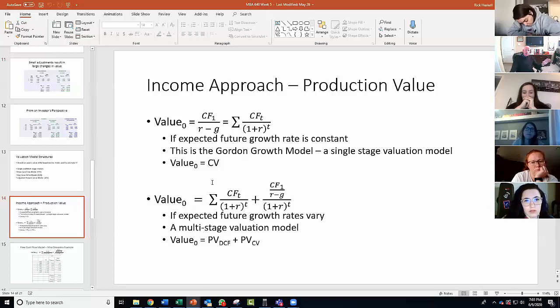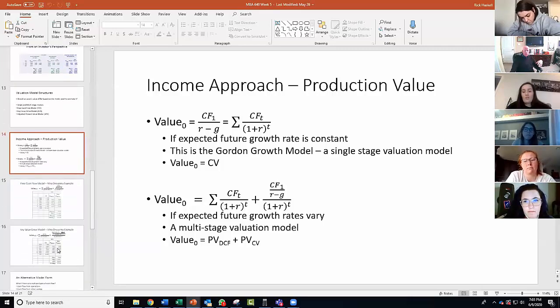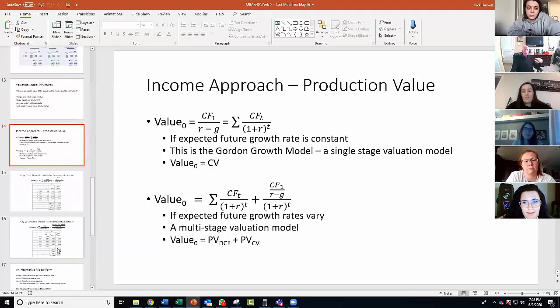And then we've got our multi-stage model that lets us break these into some different pieces. Any questions about the multi-stage characteristic of this? You're kind of already used to them. You've been playing with single stage in the Gordon growth, and you've been playing with multi-stage in the way that we've done our multi-column evaluation structure.